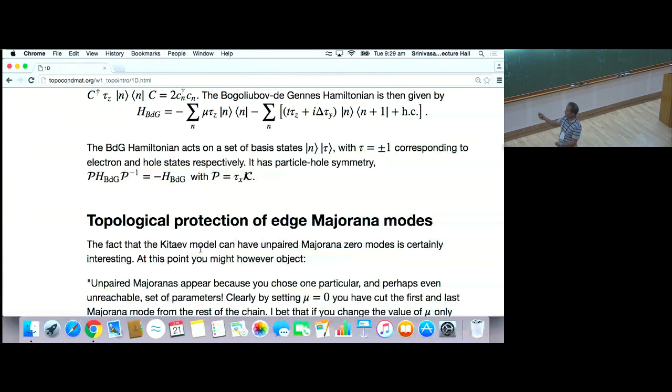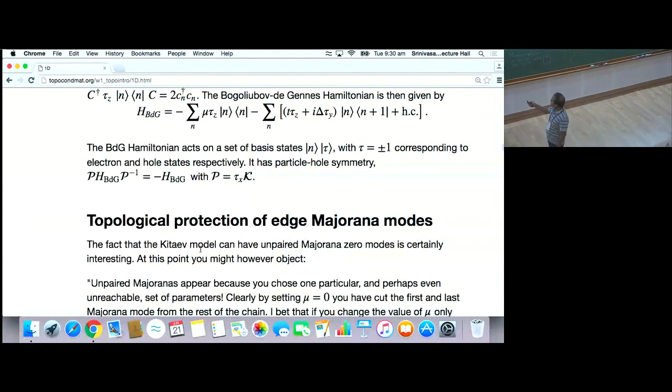Does the phrase tight binding model make sense to everyone, or would someone like some clarification? Okay, all right. And this term represents going from site n plus 1 to site n, and so on. But you would have this combination of spin.